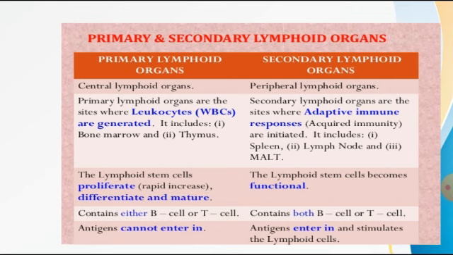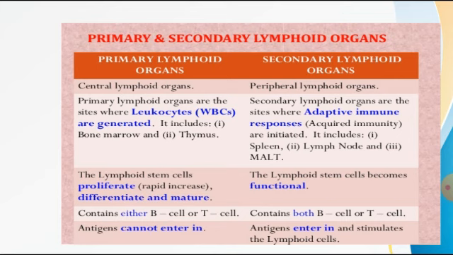And now coming to the primary and secondary lymphoid organ differentiation. First of all, the primary is otherwise called central, and the secondary is otherwise called peripheral. The second difference: primary organs are the sites where WBCs are generated, and secondary lymphoid organs are the sites where the adaptive immune response is initiated.